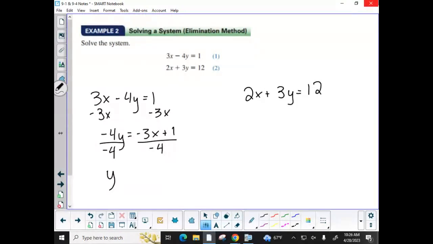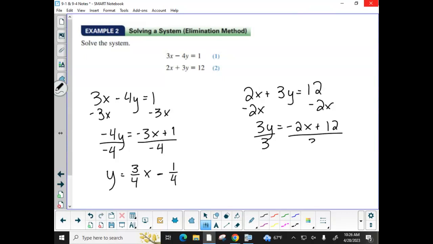And that means I'm going to have y is equal to negative 3 divided by negative 4, which is positive 3 over 4x. And then 1 divided by 4 would be negative 1/4. All right. For my other one, subtract 2x on both sides, minus 2x, and I got 3y is equal to negative 2x plus 12. Divide both sides by 3, and I got y is equal to negative 2 over 3x. Now, 12 divided by 3 is positive 4, so plus 4.